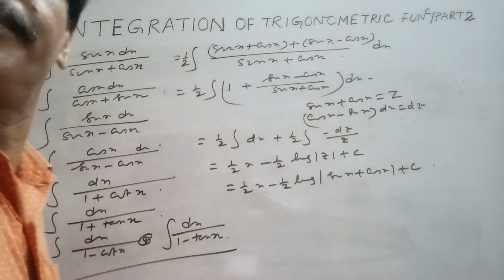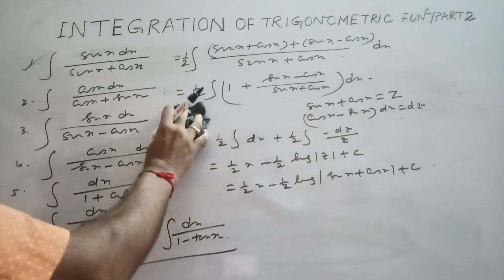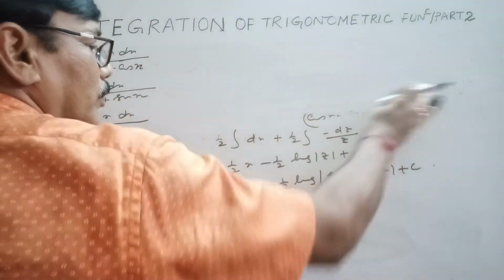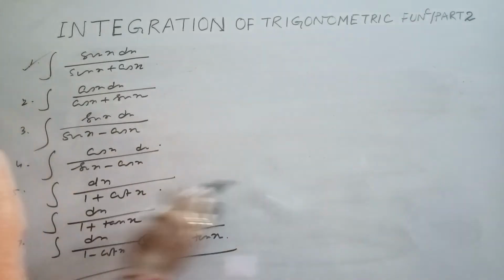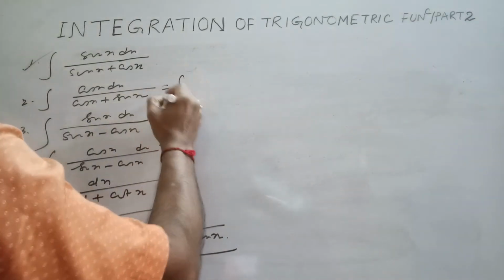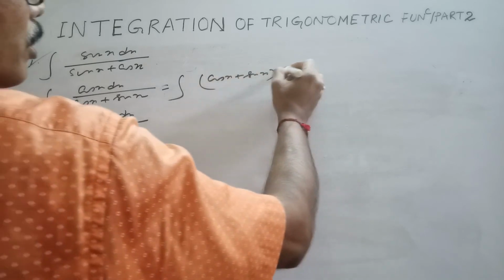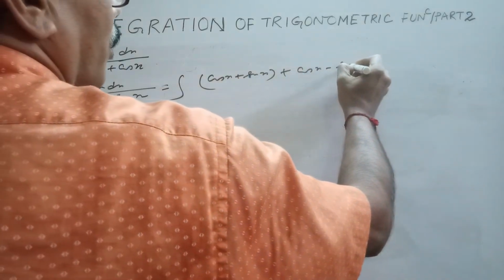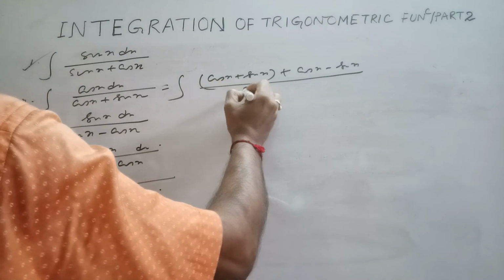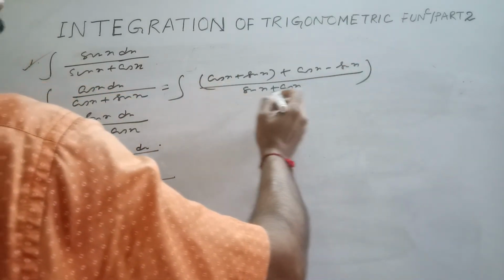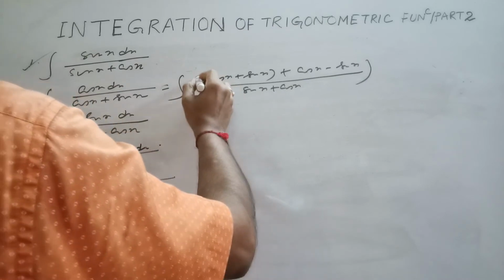Now listen, problem number 2. Exactly the same problem. Look, cos x, you can write as half of (cos x plus sin x) plus (cos x minus sin x) by sin x plus cos x dx.